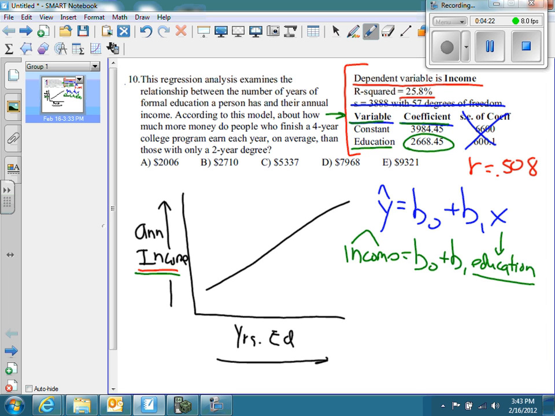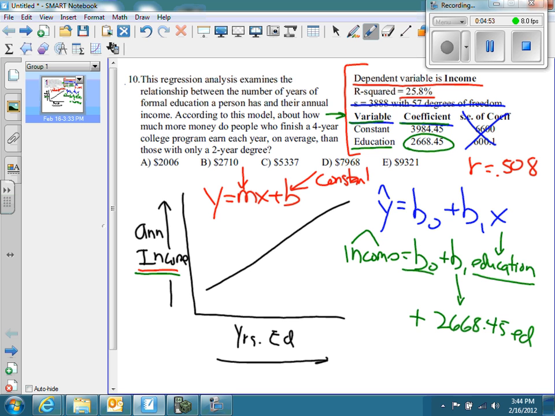So my b1 is going to be 2668.45 times education. If you remember your old formula of a line, y equals mx plus b, the m is our slope and the b is our constant.